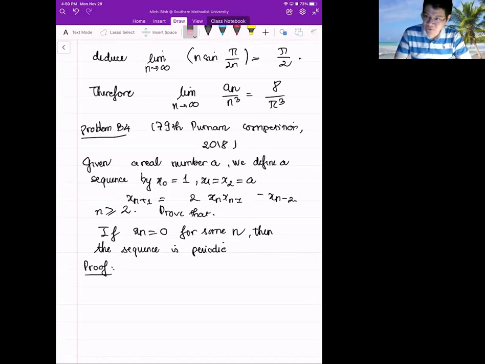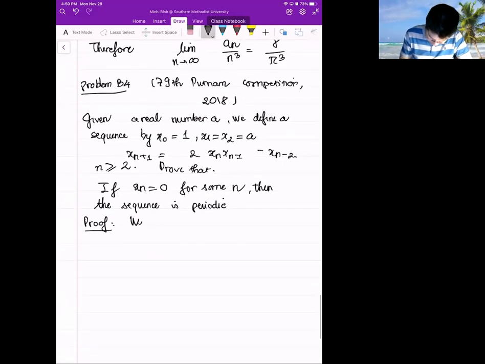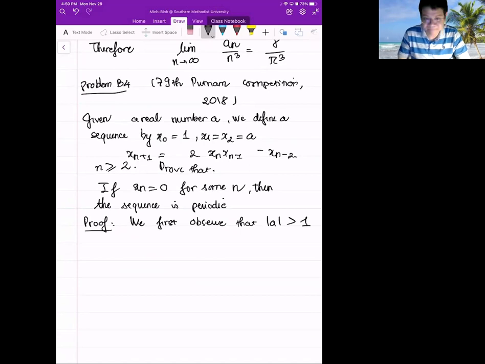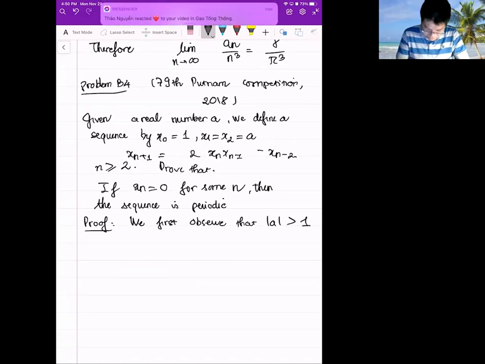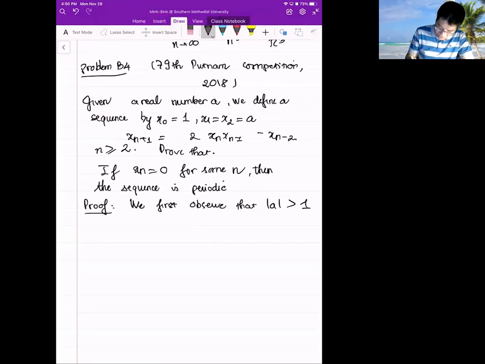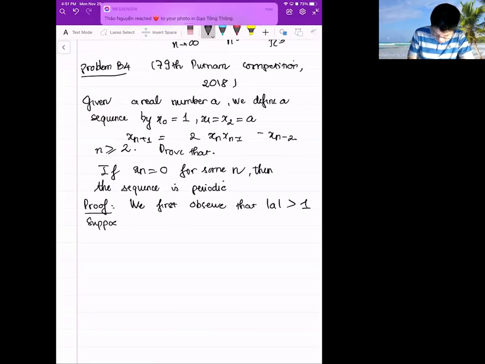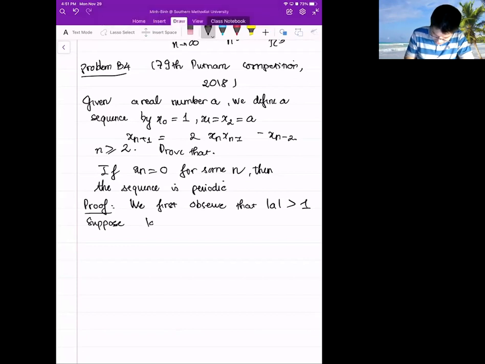So the first observation is that A has to be bigger than 1, right? So suppose that A is bigger than 1.